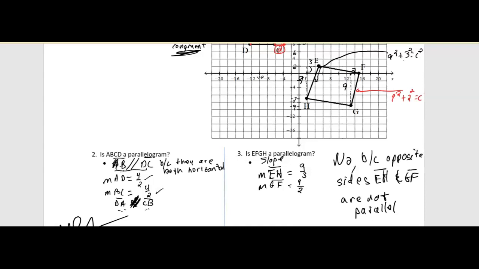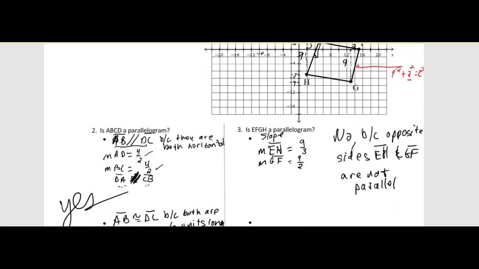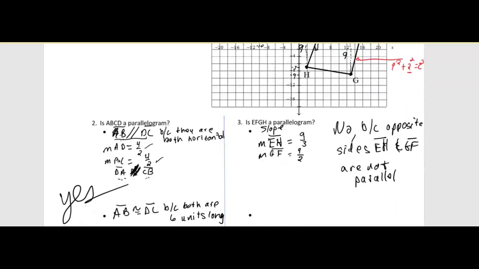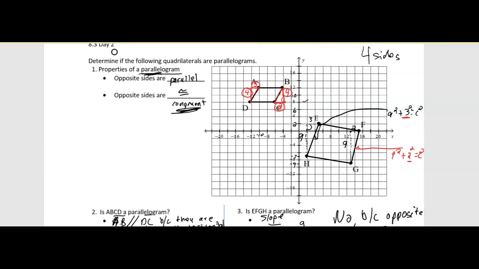So the fact that one is 3 and the other is 2, if we solved this using the Pythagorean theorem, since these aren't identical like they were here with 2, 4, 2, 4, we could see that these aren't going to be the same length either. So if you would have done the length first, you would have found that they're not congruent because they have different lengths to their sides.